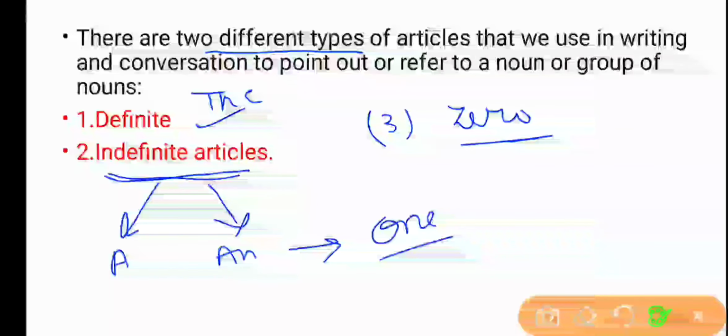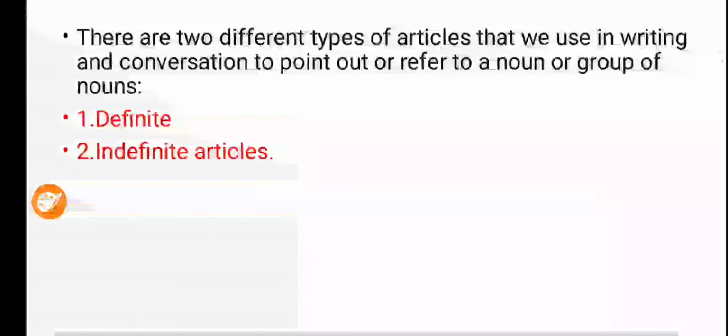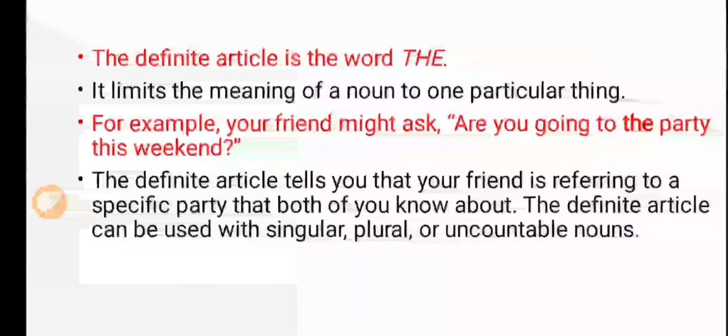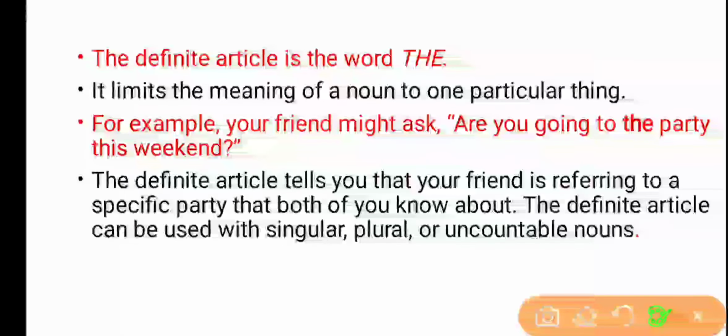So we will see in this video how they are different and where we can use "a" and where we cannot use "a" but can use "an." So let us see this. First we will talk about the definite article.